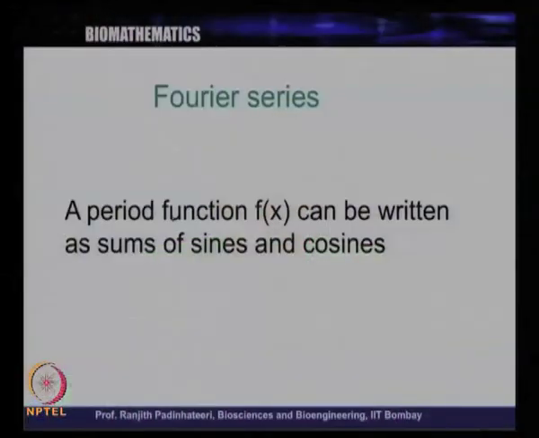It is argued that any periodic function f of x can be written as sums of sines and cosines. That is what we do in Fourier series. We take a periodic function and rewrite it in terms of sine and cos, something that we know.